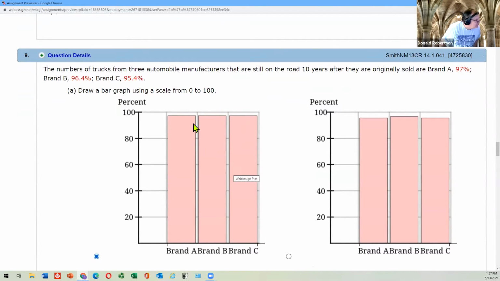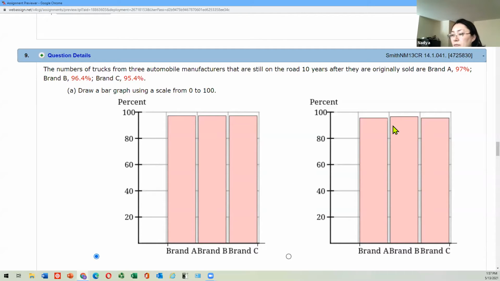Now, my eyesight's not great, but would you agree the rectangles are all the same height? Yeah, it looks like all the same. Would you agree that this one has a little bit of fluctuation? Yes, it does. It's a little bit lower, a little bit bigger, a little bit lower.